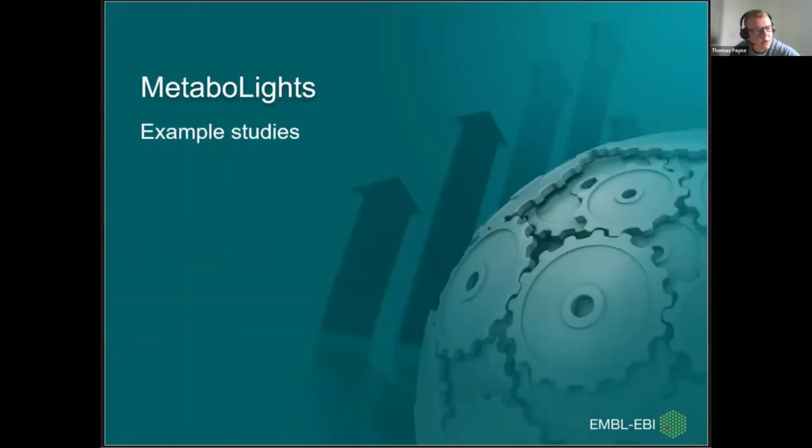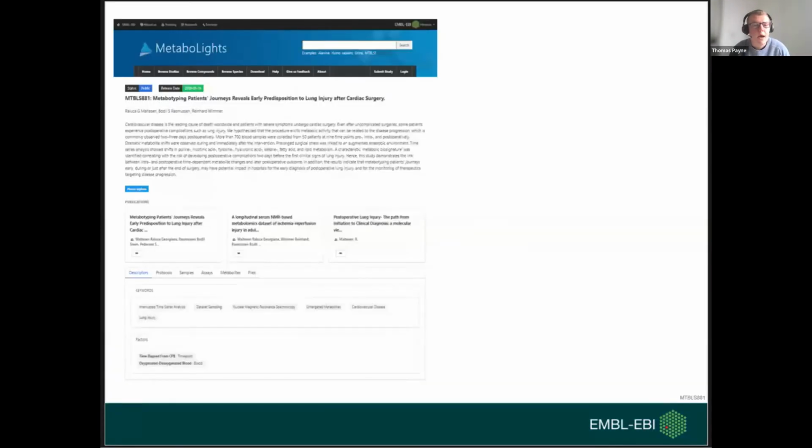So I just wanted to highlight a few example studies and to navigate from a user as well as a curator's perspective. And I think this is the best way to learn Metabolites. So first, you will see the familiar reporting of our study ID, the title, submitters, authors, and abstract.